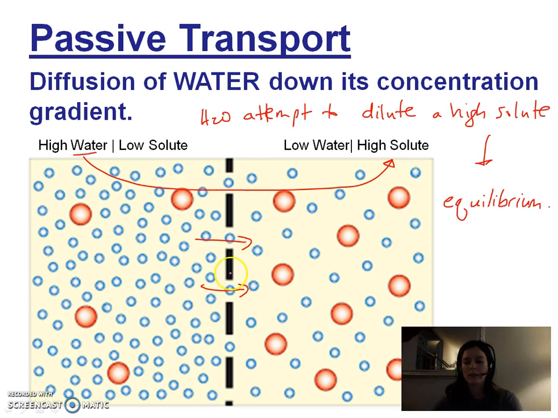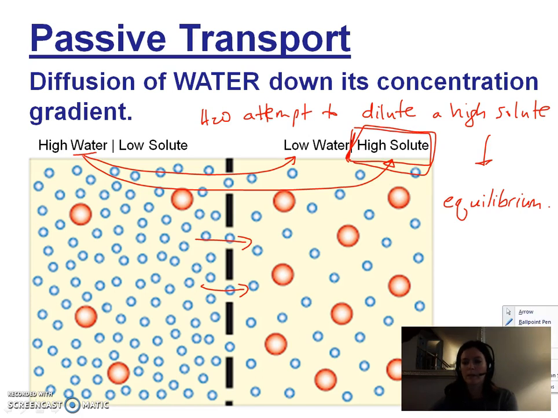It can move through any time it wants, and it really is going to always move based on this idea of high solute. So what happens is that water, while yes, it goes from high water, let me say that again. Water goes from high water concentration to low water concentration, but water also goes towards the high solute in an attempt to dilute the high solute area and bring us to equilibrium.